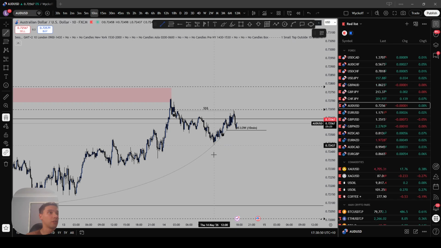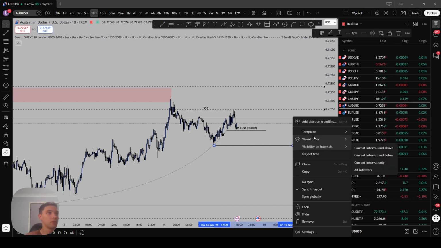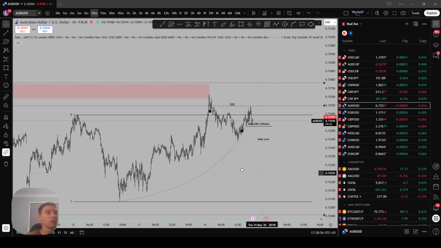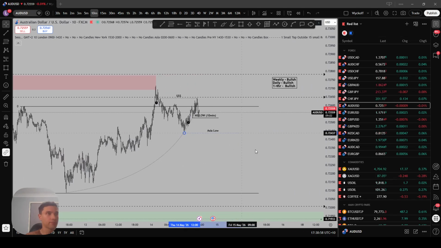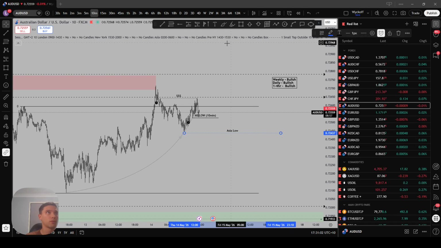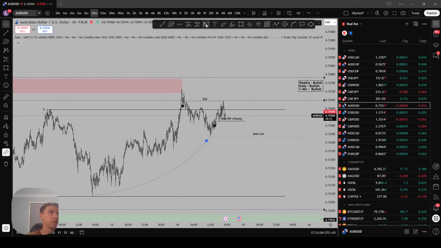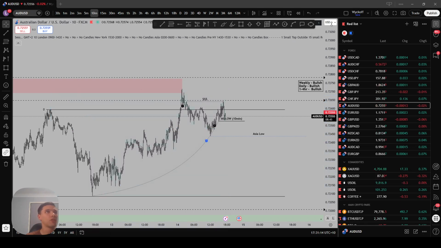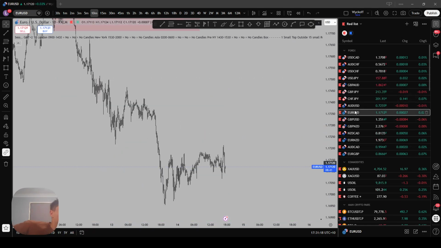Asia high has been taken. Asia low sits nicely below us. Extra confluence there. I can envisage the volume profile being pretty nice right now. Not the best, not the nicest, but we'll see what happens.